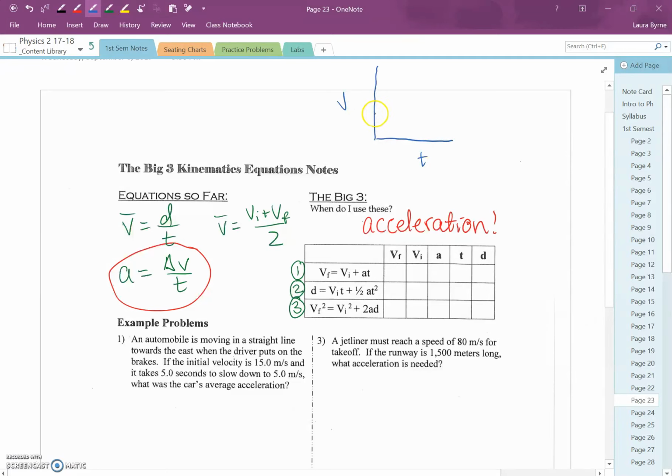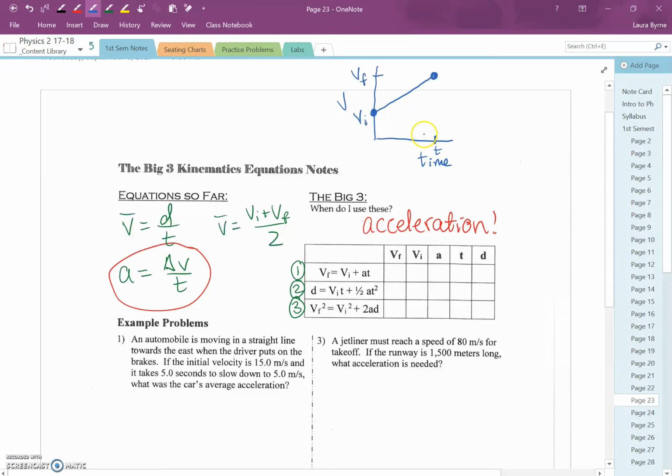If our object is accelerating, it might start at some initial velocity. That could be 0, it could not be 0. And then it's going to constantly accelerate for some period of time, delta t, until it reaches a final velocity, vf, at a time t. Let's just say this is a general time.